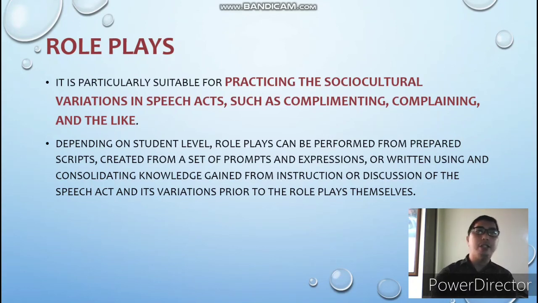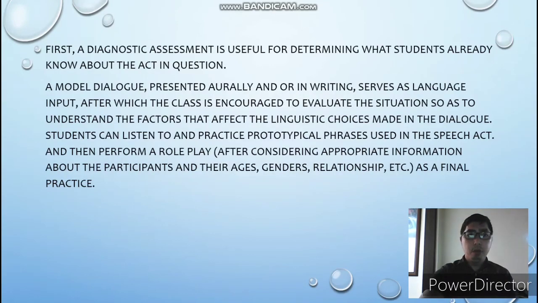So you can ask the students to come up with prepared scripts, which they will deliver later in front of the class, created from a set of prompts and expressions. First, a diagnostic assessment is useful for determining what students already know about the act in question.